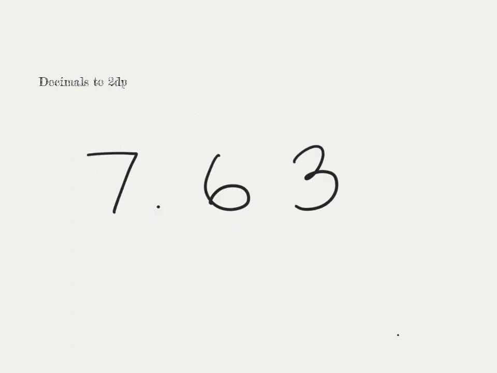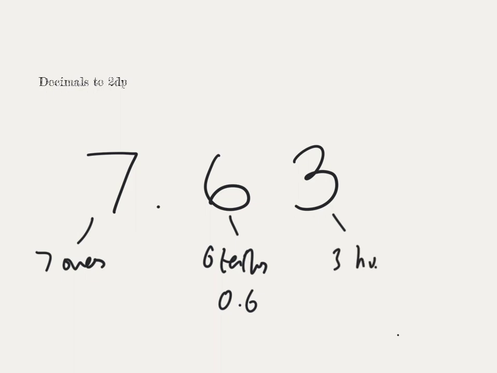So let's have a look at this. Here I have, how many wholes have I got? I have 7 ones. I have 6 tenths, or 0.6, and I have 3 hundredths, or 0.03.